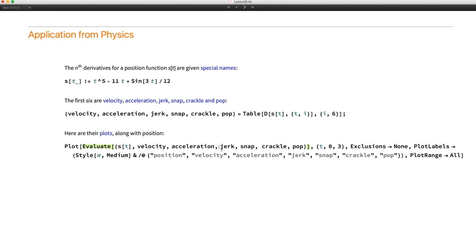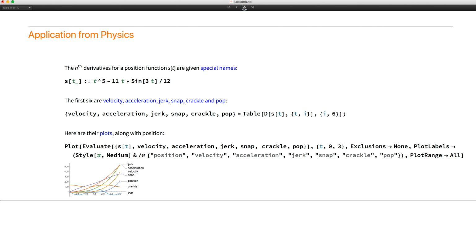And if you plot them, then just like in the earlier case, you get back a plot, but now this shows you the variation of the position and velocity, etc., as time goes by. So higher derivatives are really quite useful. They occur in physics, they occur elsewhere, and in fact, they are what make calculus so applicable in real life.